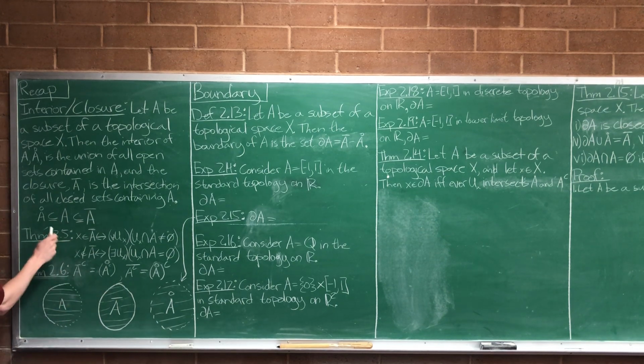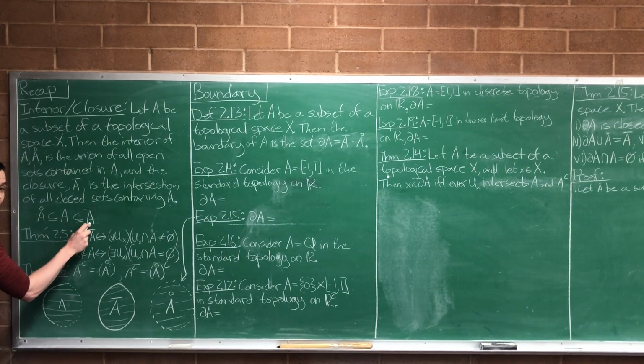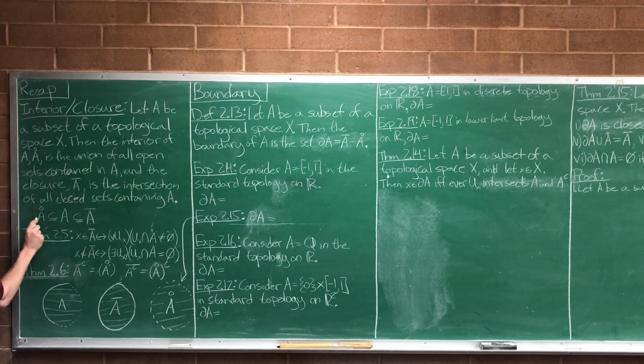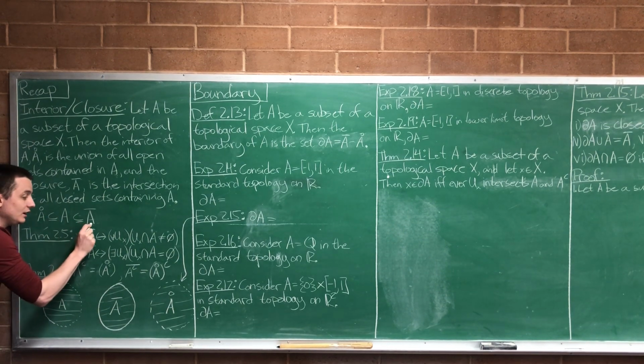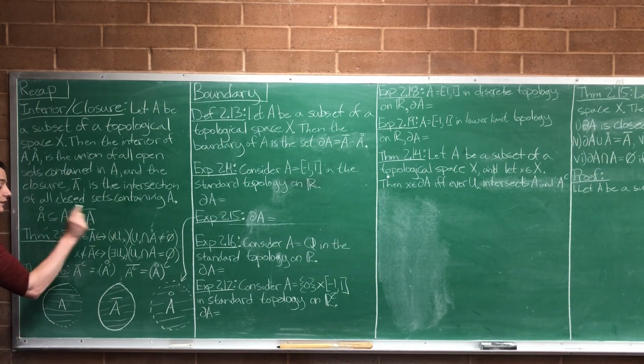By definition, the interior of A is always a subset of A, and the closure of A always contains A. This is the union of every open set inside of A. This is the intersection of every closed set that contains A. Those make sense? Anything weird?